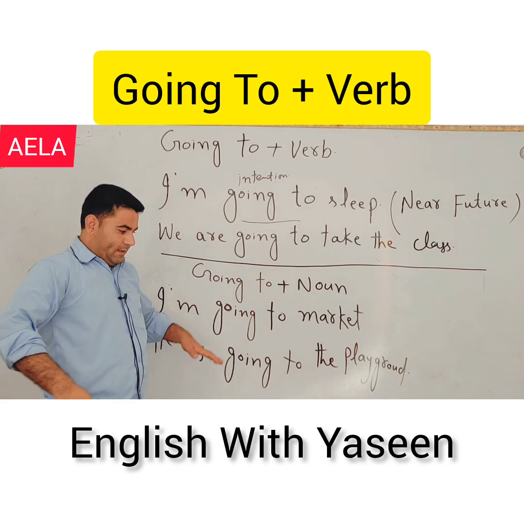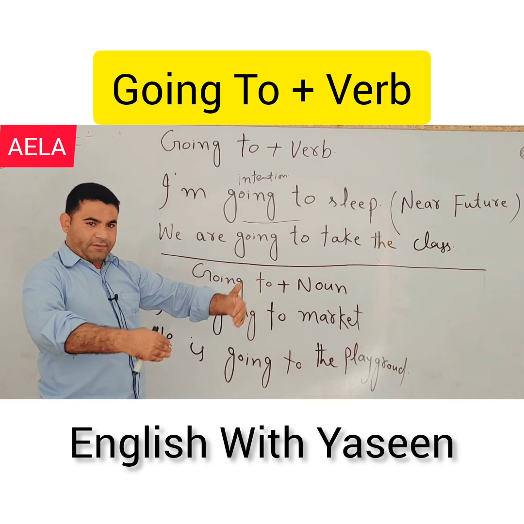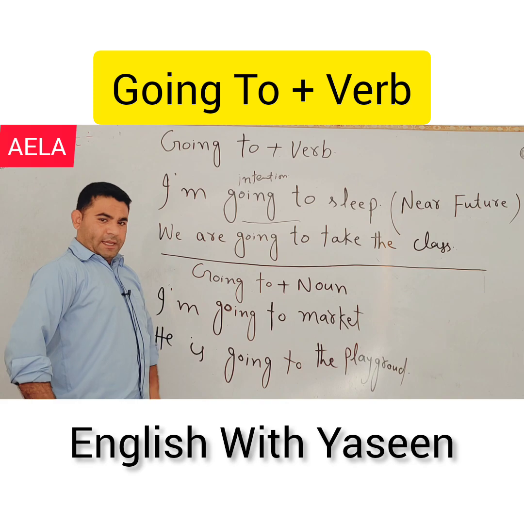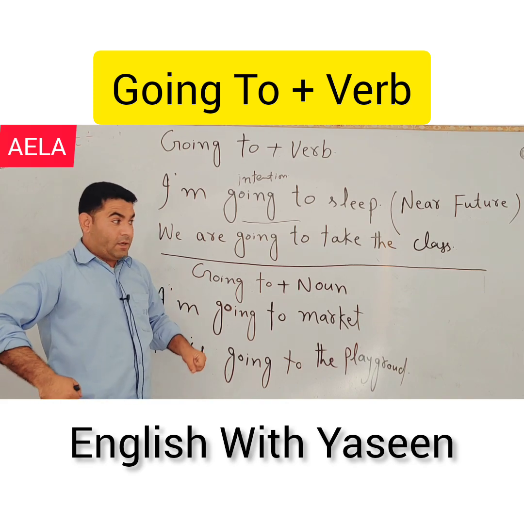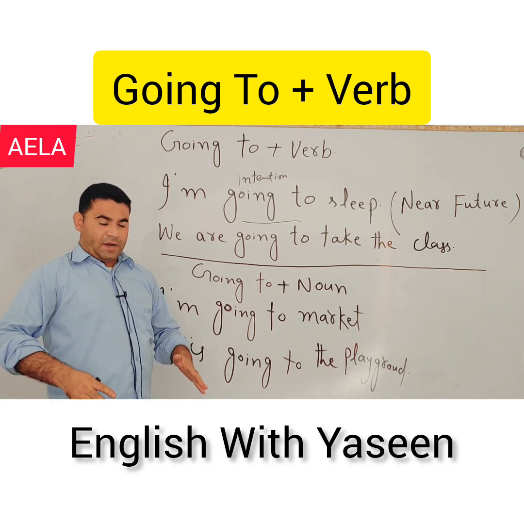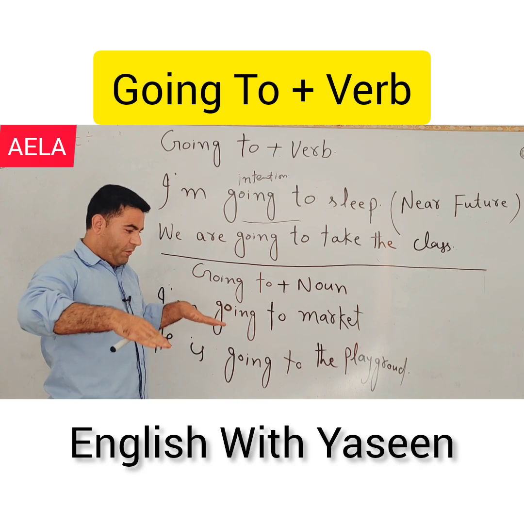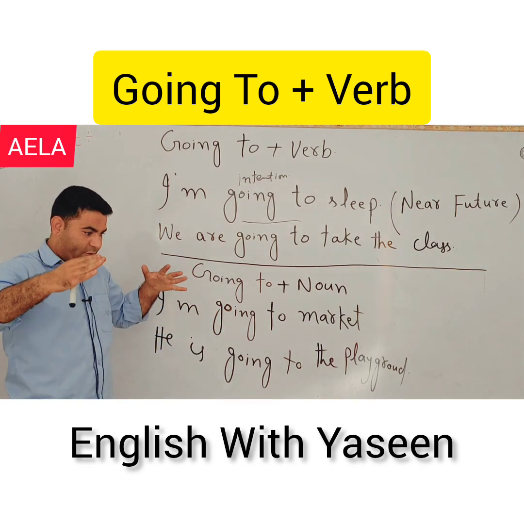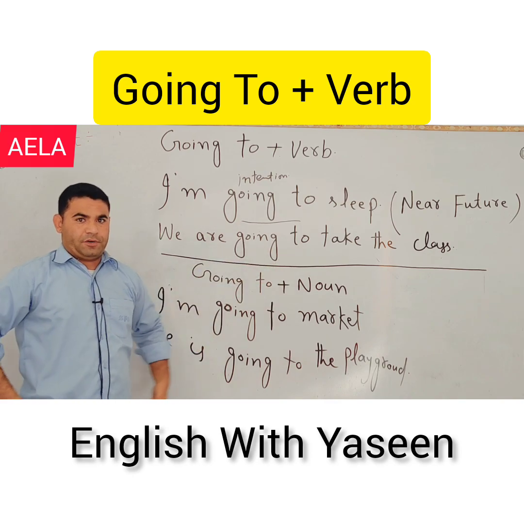He's standing on the riverside, he's just wearing shorts, and we just look at his body. So we say he's going to jump. We realize, we know that the person is ready to jump. So it's near future.